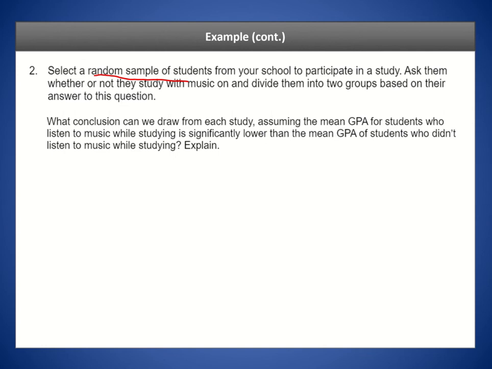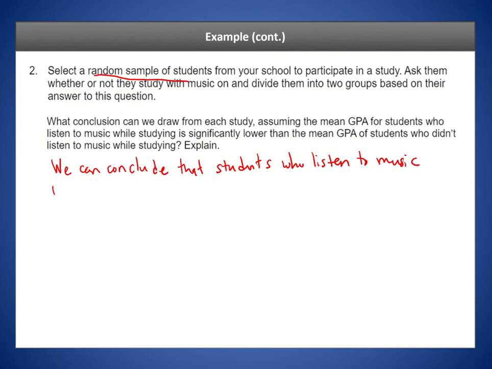So what conclusion can we draw? So again, remember the default assumption. So again, we can make this conclusion, right? That the whole GPA versus the music versus GPA. So we can conclude that students who listen to music while studying have lower GPAs.